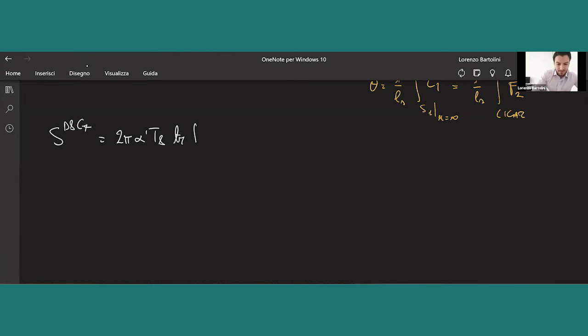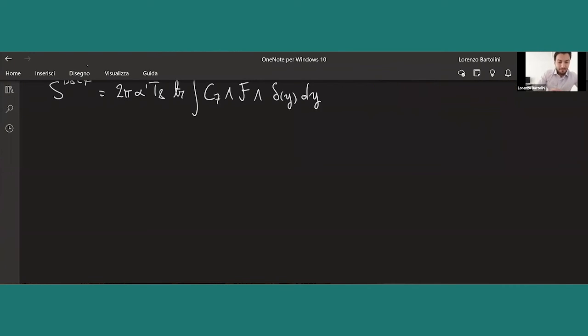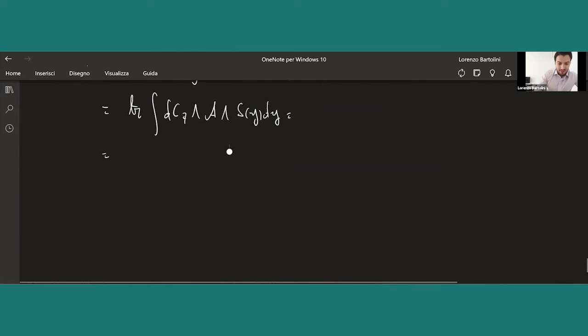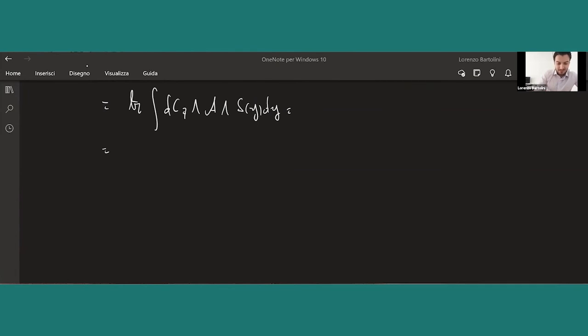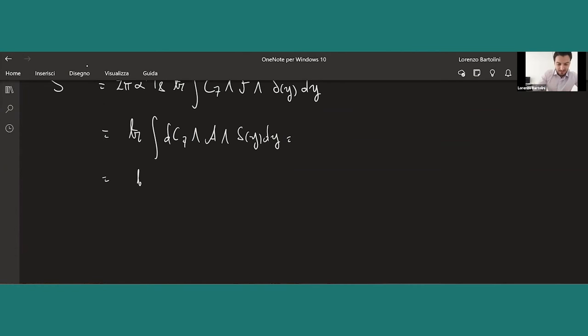The action reads like this: C7, wedge, F, wedge, a Dirac delta along the Y direction to have it 10-dimensional essentially, but it's not needed. And this reduces to trace, and you can integrate by parts. So this is C7, wedge A, wedge again the delta, and so this is F8, wedge A, wedge delta.